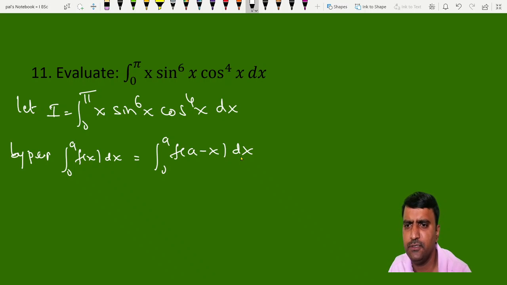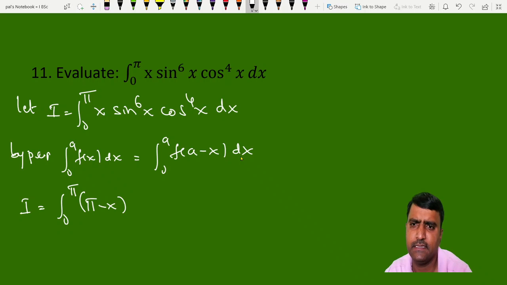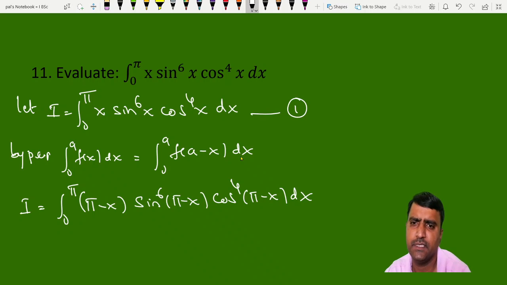So then we have I is equal to integration from 0 to pi of (pi minus x) into sine to the power 6 of (pi minus x), cos to the power 4 of (pi minus x) into dx. Take this expression as 1.